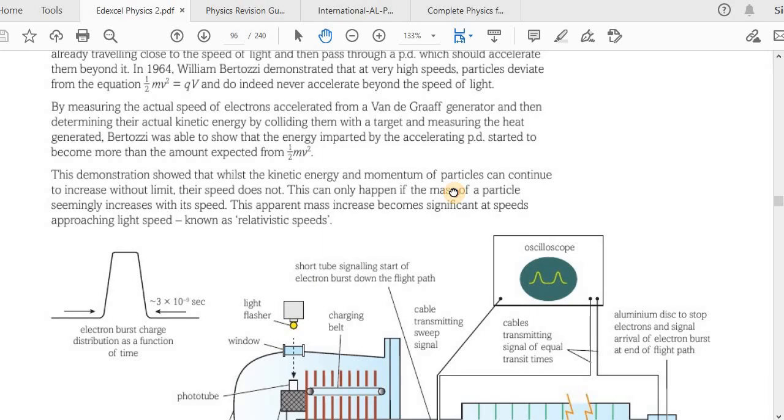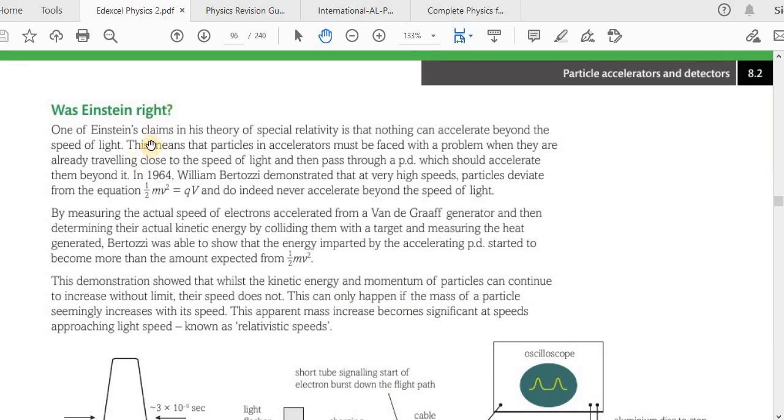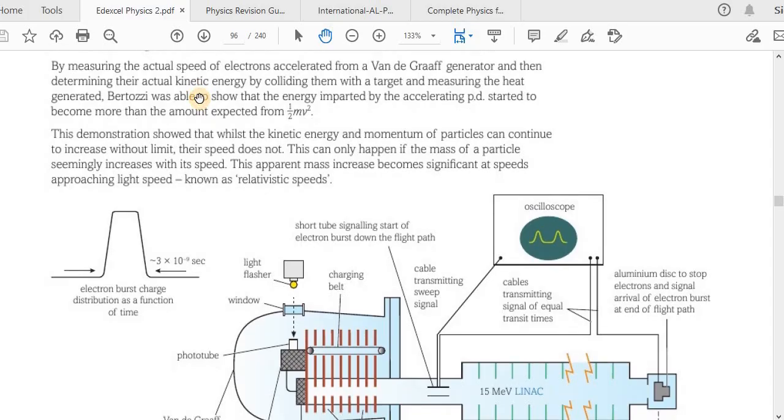So who said this was actually Einstein. One of Einstein's claims in his theory of special relativity is that nothing can accelerate beyond the speed of light. By measuring the actual speed of electrons accelerated from a Van de Graaff generator and then determining the actual kinetic energy by colliding them with a target and measuring the heat generated, Bertozzi was able to show that the energy imparted by the accelerating potential difference started to become more than the amount expected from the equation for kinetic energy.